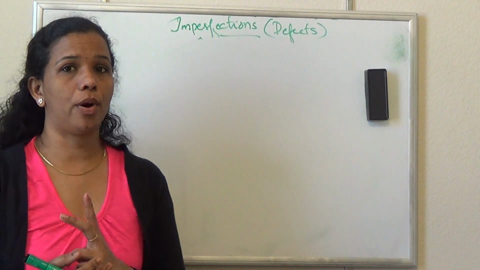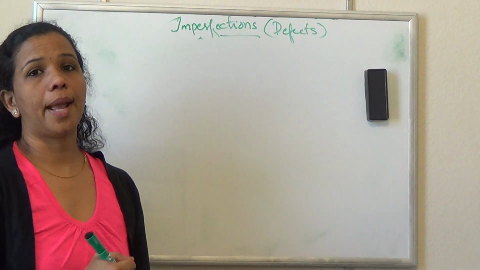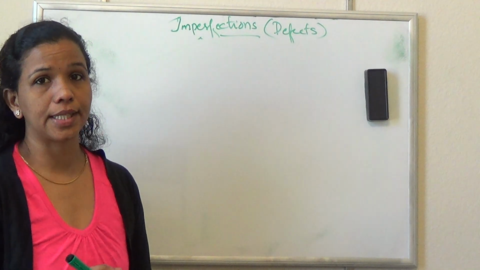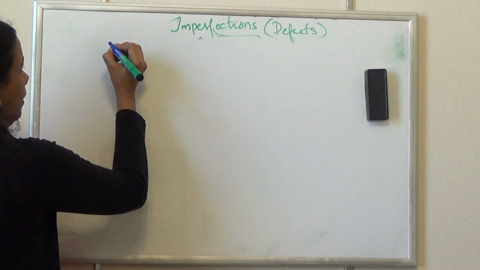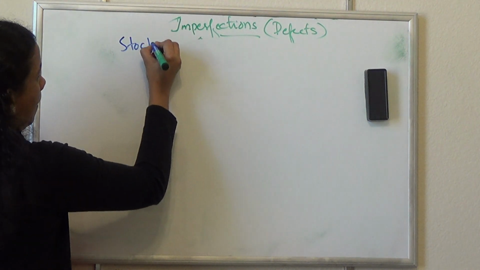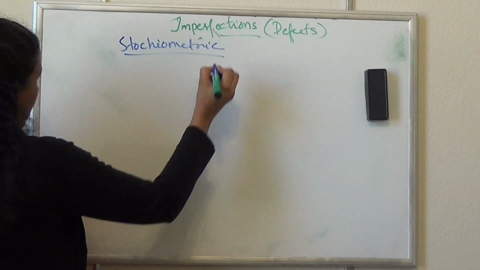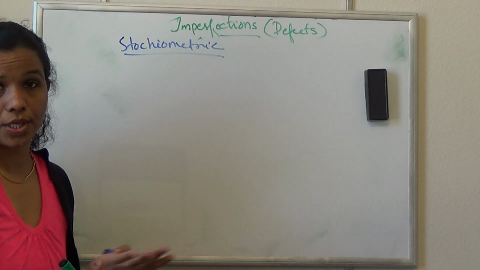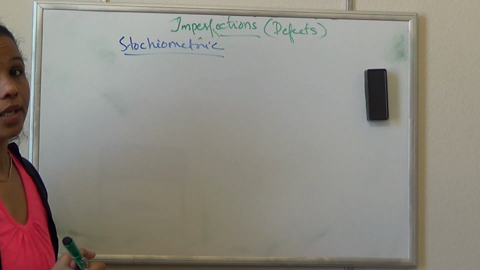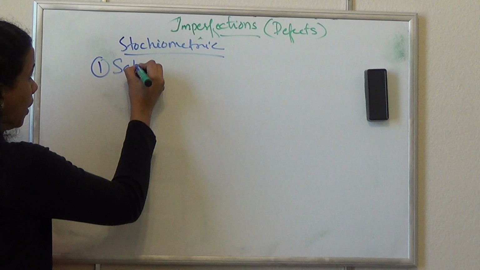There are three types, but we are discussing only two important ones, that is Schottky defect and Frenkel defect. There is no change in the ratio of atoms according to the chemical formula. So the first one we are going to discuss is Schottky defect.